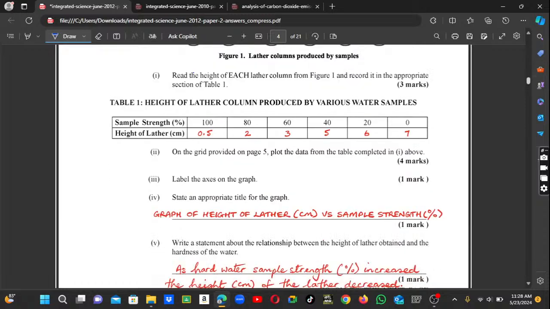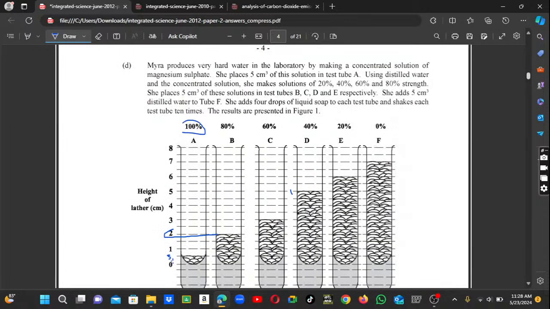Alright. Good. So what they need us to do here is to label the axis on the grid. When you label the axis, guys, it's very easy. We can simply say the graph of the height of ladder in centimeters versus the sample strength, because remember, they were testing the height versus the sample strength here. So this is the keyword, guys, you need to look for.